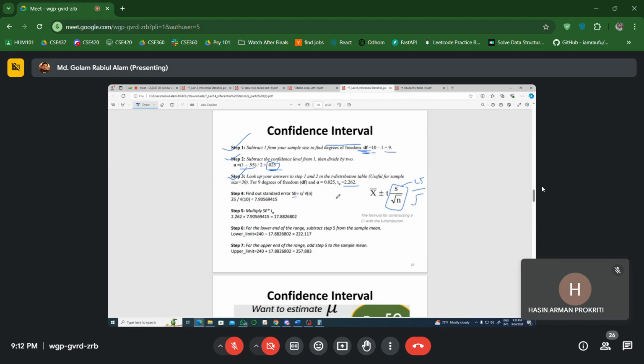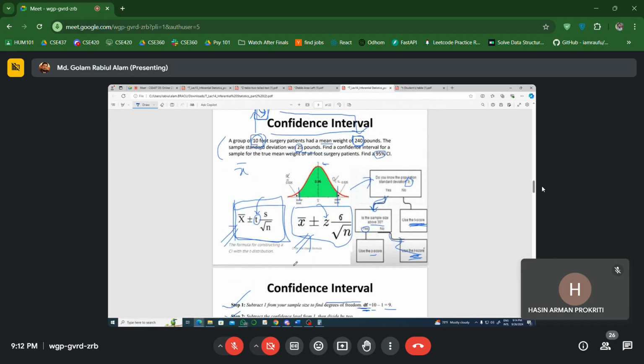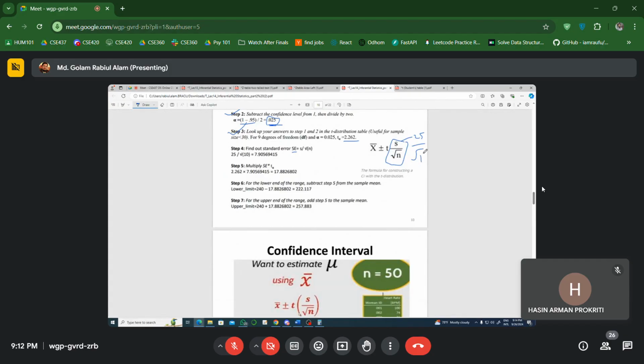The number of samples in this case is 10 foot surgery patients, so n is 10. So we will get the standard error, and then we have to multiply this standard error by the t score, which is 2.262. Then we will get 17 point something.